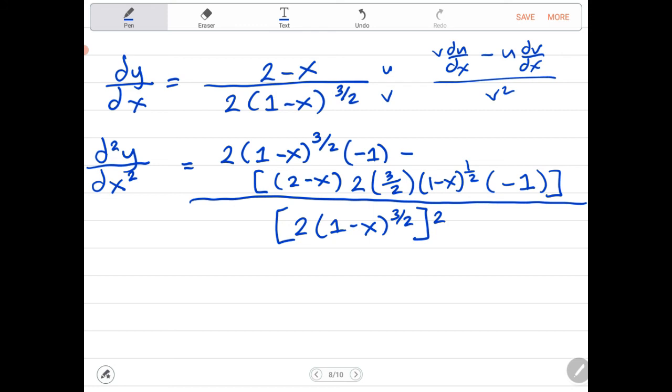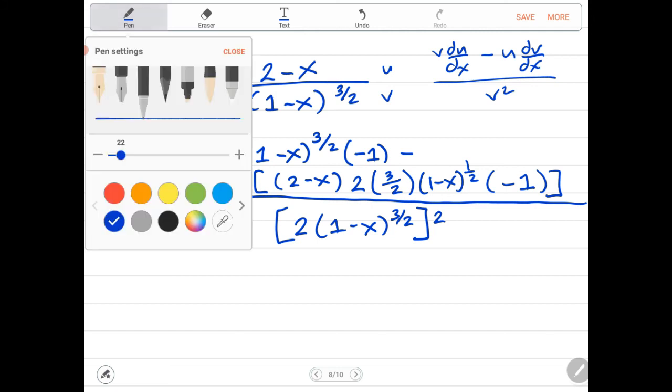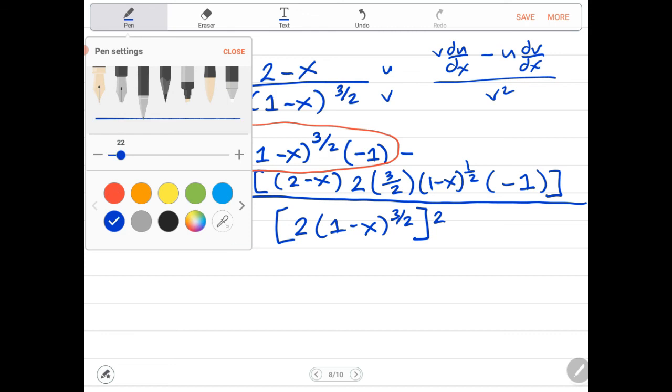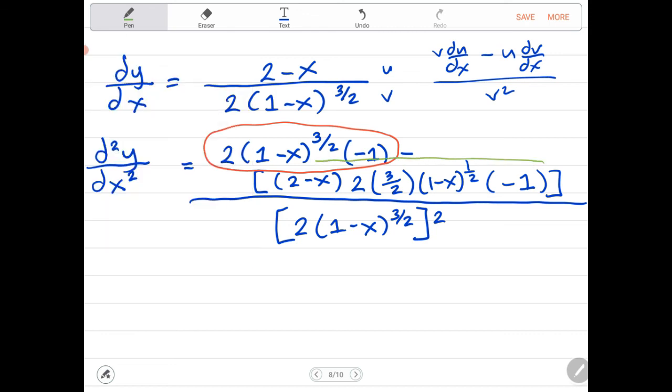Then let us simplify the numerator. Do they have a common factor? Let us encircle it so we don't get confused. This is the first term, then this is the second term. Do they have a common factor? Or we need to simplify first.